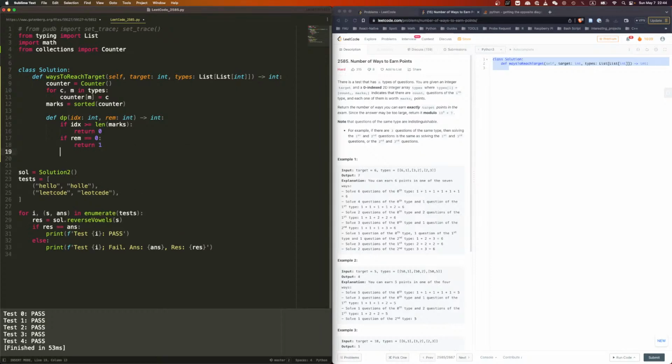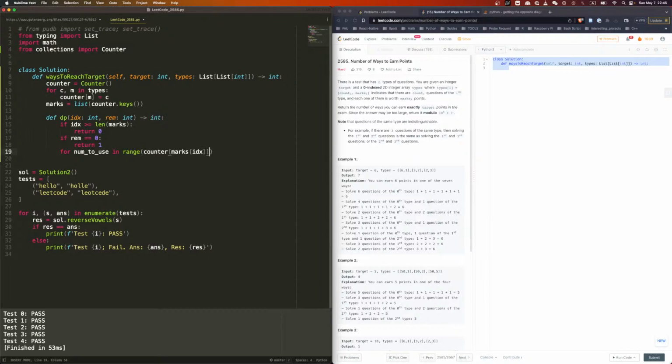And for each index, we say for num to use in range counter marks index. Wait, you don't need to sort it. Why would you sort it? Don't need to sort it.